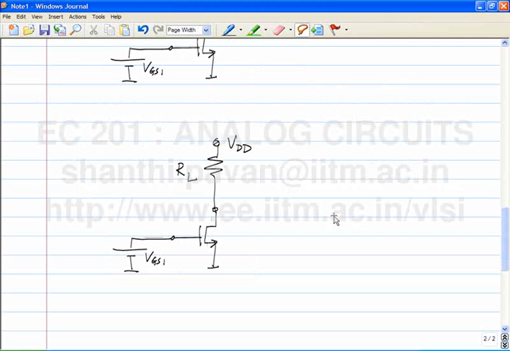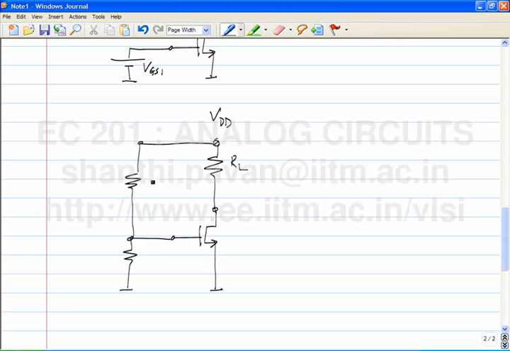So instead of VGS1, I will remove it. VDD, RL. Let me call this RA and RB. And what is VGS1 now? How will I choose RA and RB? We want VGS1 between the gate and the source, and we know that VGS1 is going to be lower than VDD.